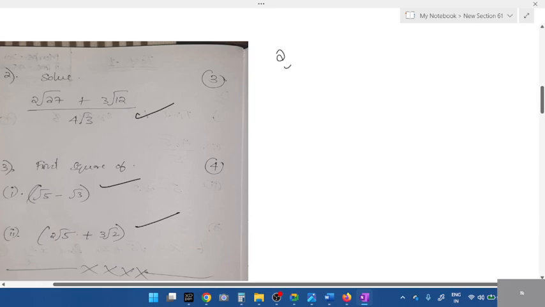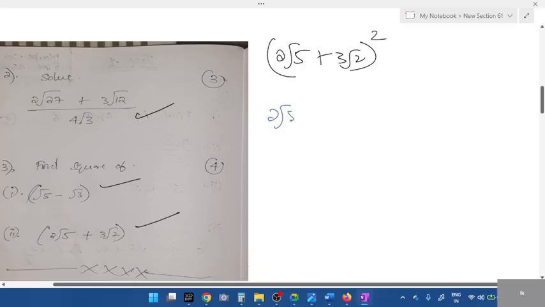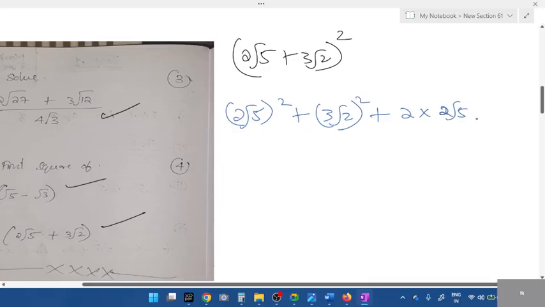Next question. 2 root 5 plus 3 root 2 the whole square. a square plus b square plus 2 into a into b, students. When you open the bracket, what do you get? 4 5s are 20.